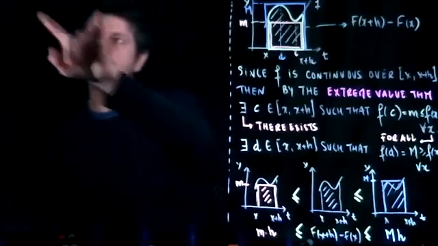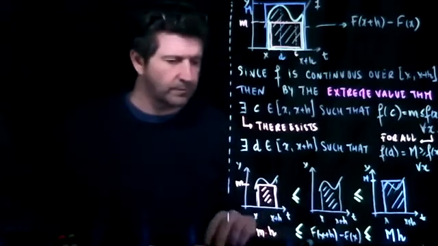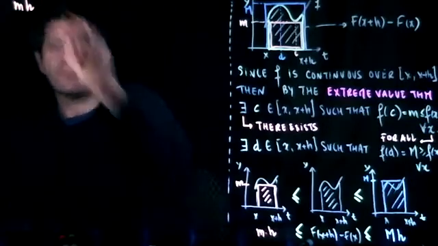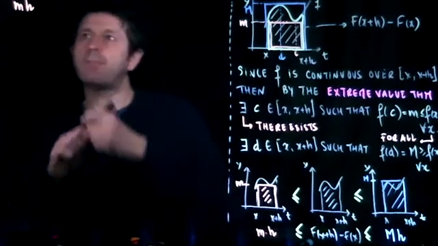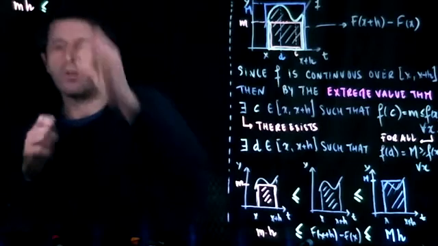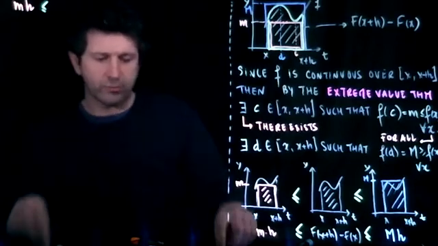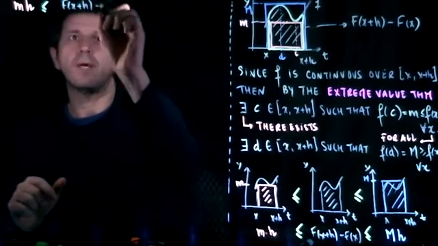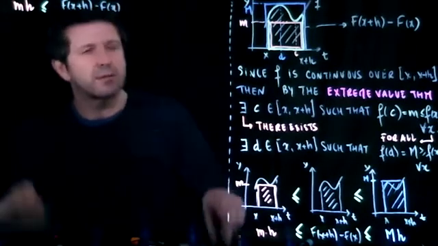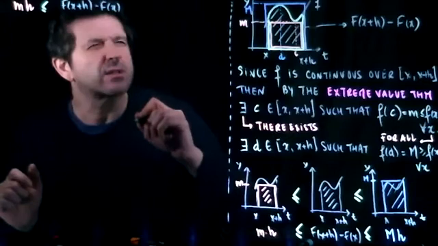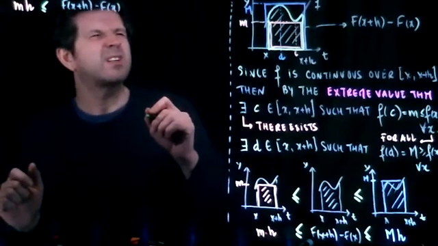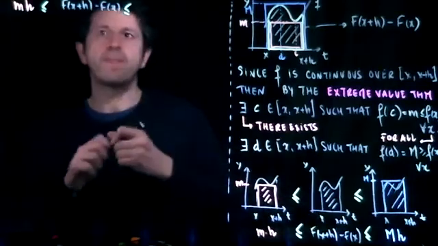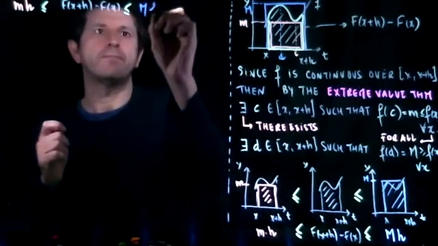All right, so let's take it now up here. So I'm going to rewrite. We're almost done. Small m times h is smaller than or equal to f of x plus h minus f of x, which is smaller than or equal to big M times h.